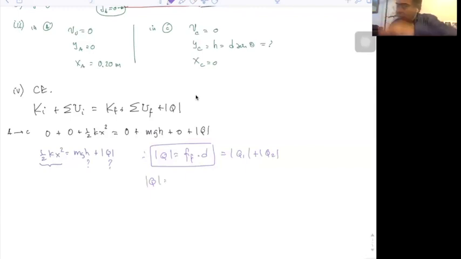In the first part, we have mu k times the normal times the distance in the horizontal part, plus mu k times the normal in the incline times the second distance. So mu k times the normal in the horizontal part is, as you agree, the weight of the block, times the distance which is given.